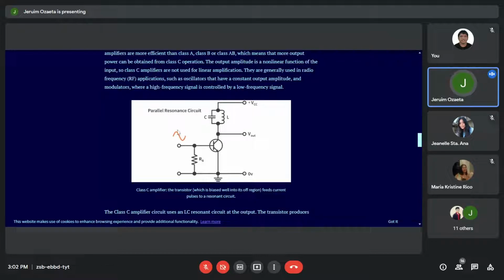If the frequency increases, it will deviate from the resonance frequency, and the output will be either less in the negative direction or less in the positive direction.